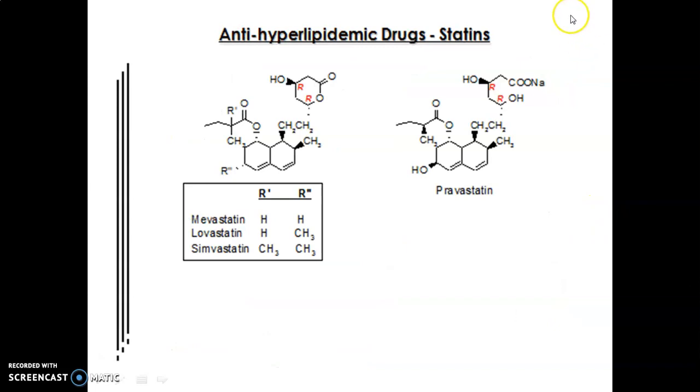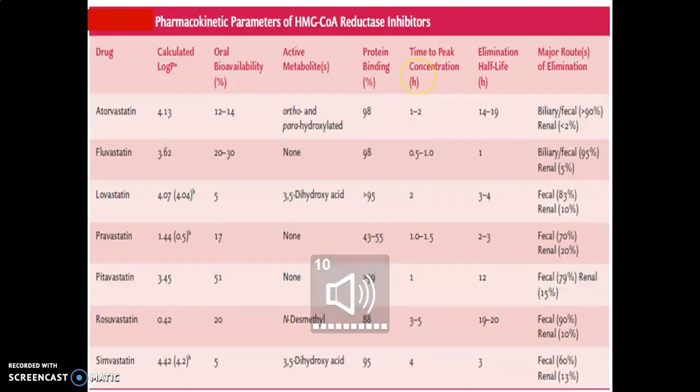These are the structures where we have shown the open lactone ring, and here is the open dihydroxycarboxylic acid. Wherever the lactone rings are present, they are mostly called prodrugs, and these prodrugs go into the liver and are hydrolyzed to form the active form of the statins.